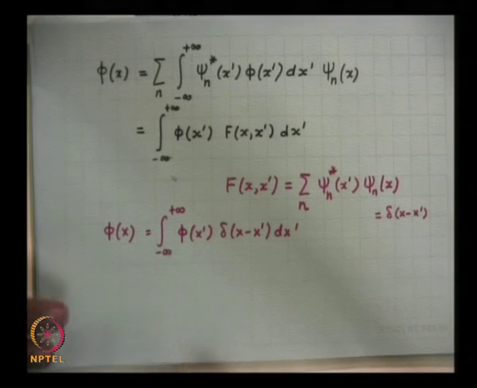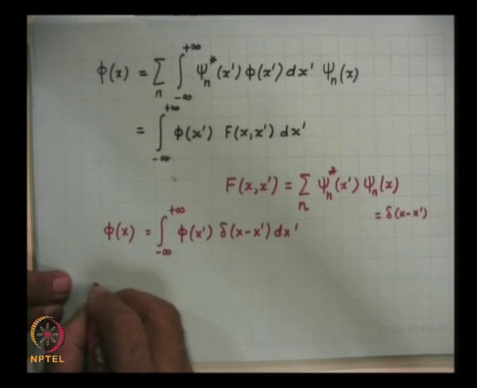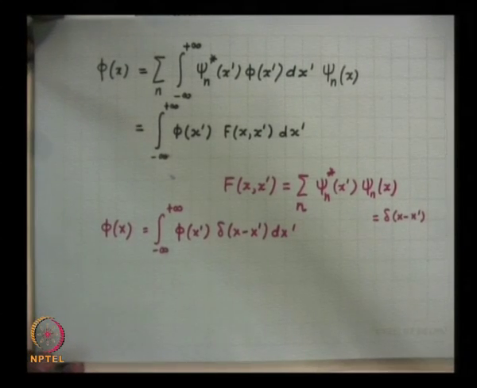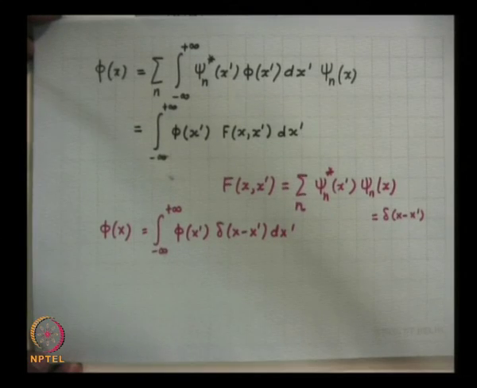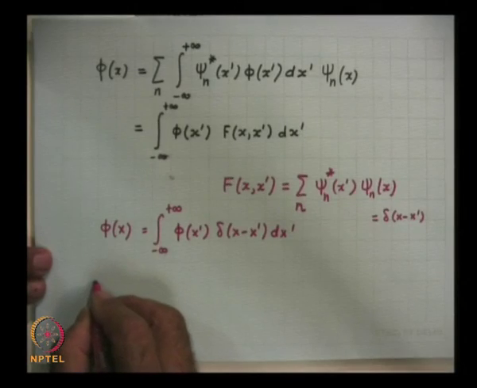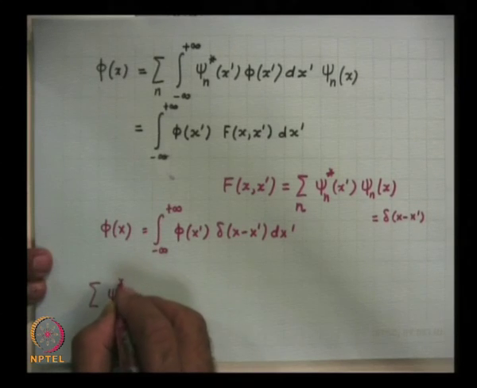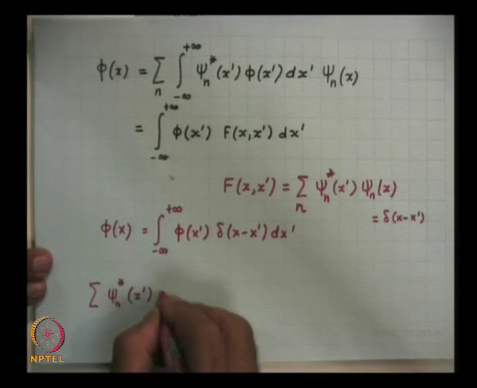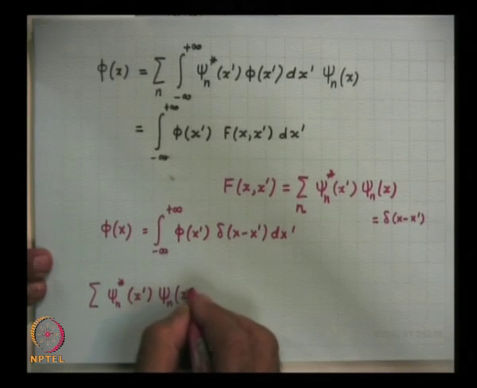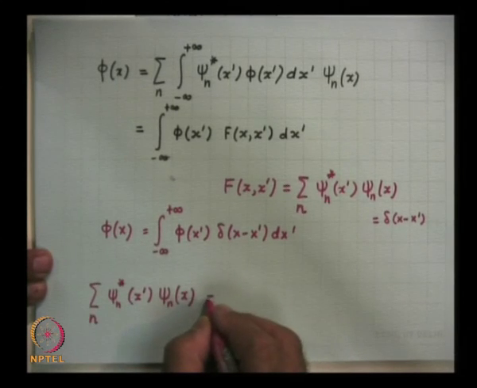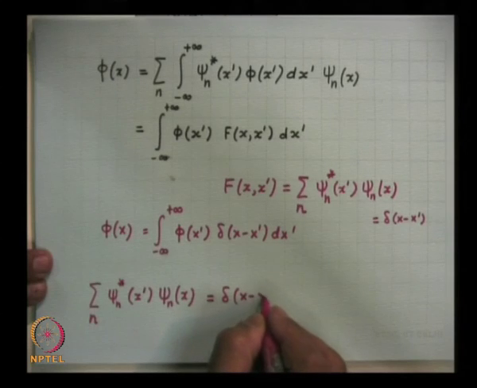This condition is often known as the completeness condition. That is, the wave functions, the eigenfunctions of the Hamiltonian operator, form a complete set of orthonormal functions, and we say this through the following equation, that summation psi n star of x prime psi n of x summed over n is equal to delta of x minus x prime.